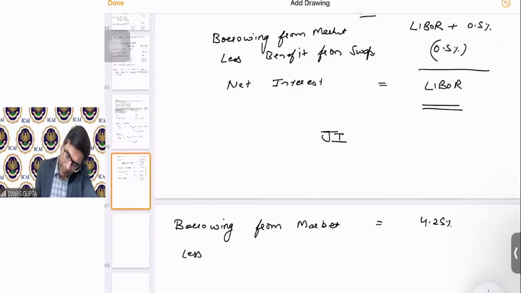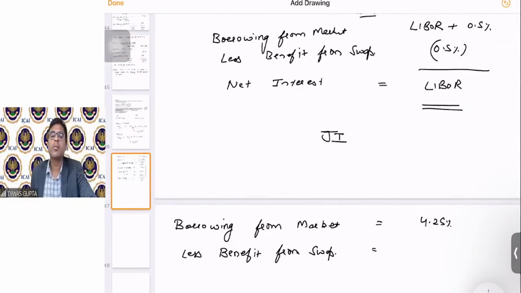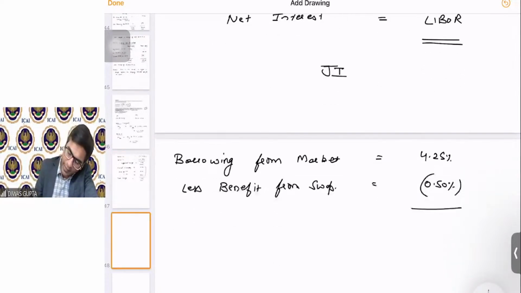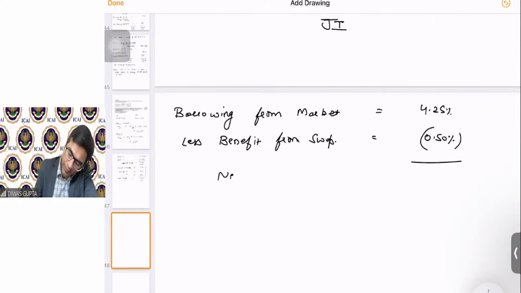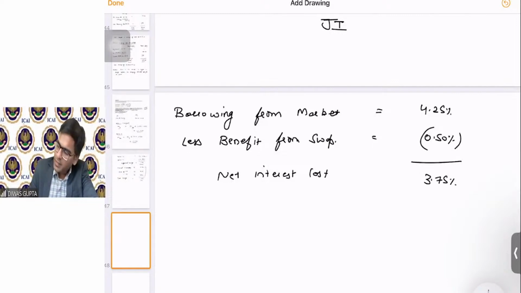Again, less benefit from swap. Benefit from swap is how much? 0.5%. So the net interest cost will be equal to 3.75%.